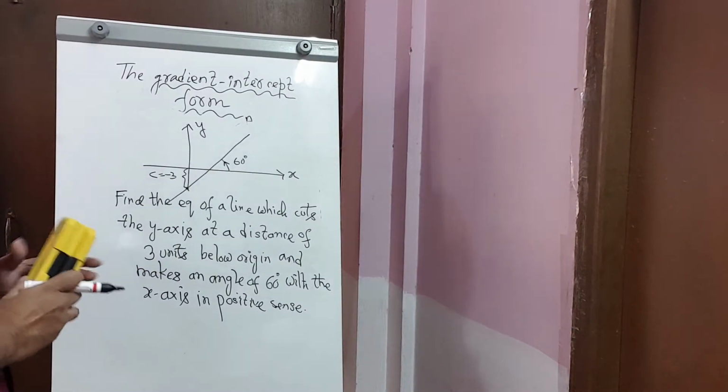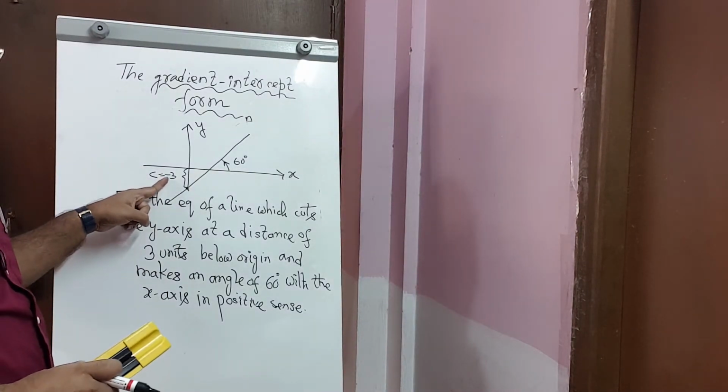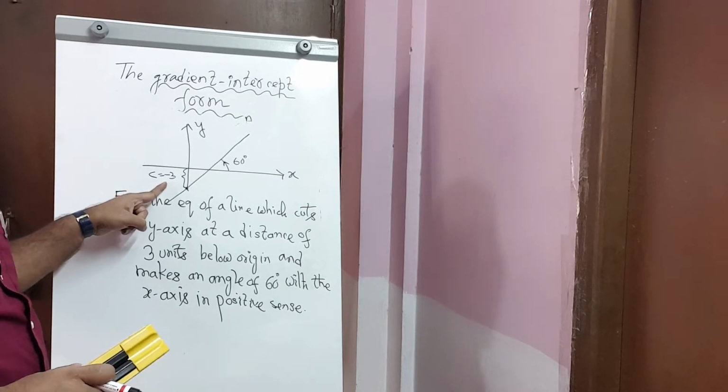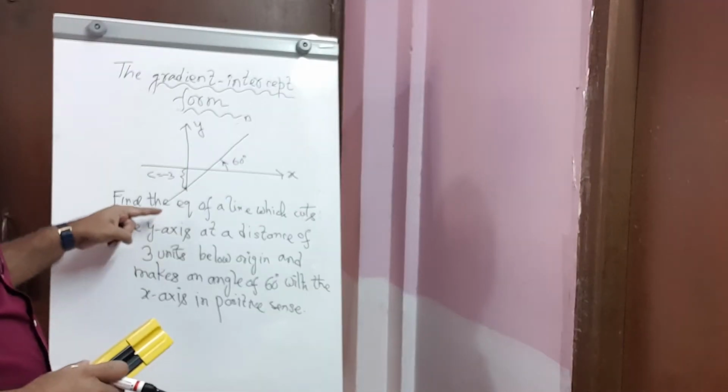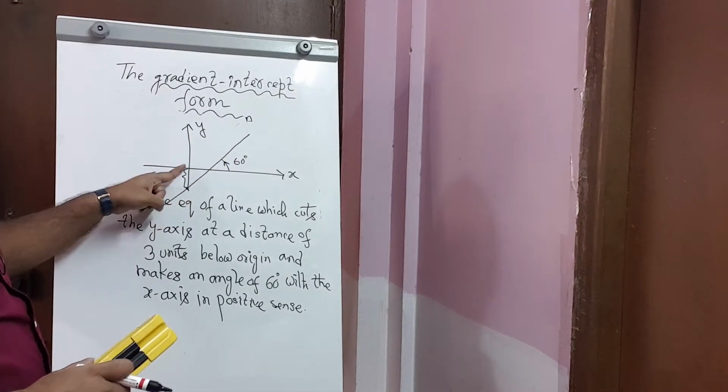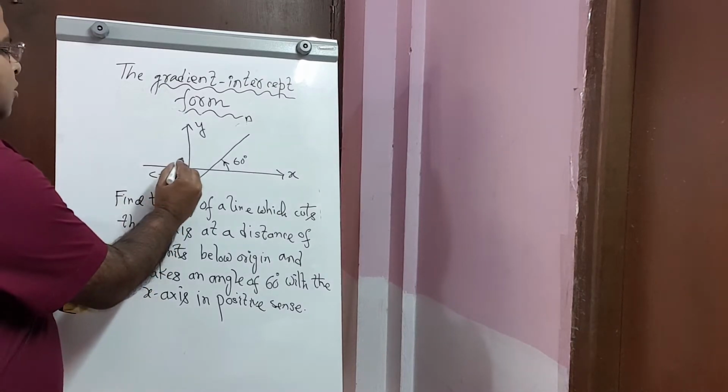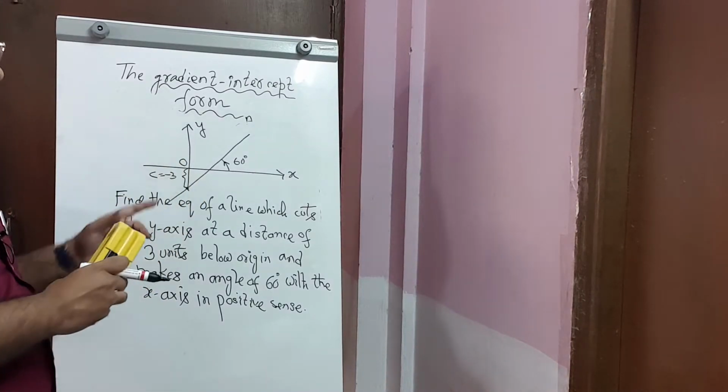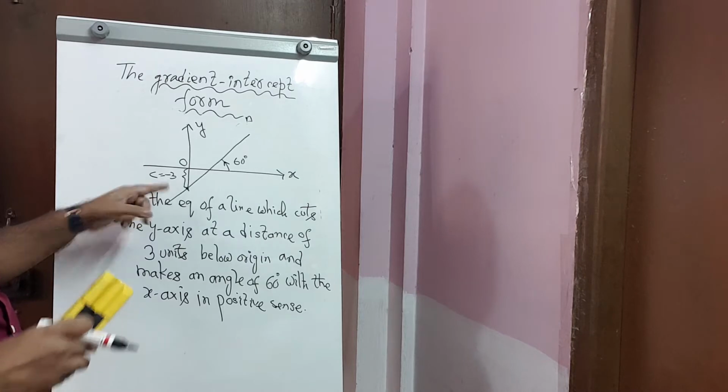As we discussed earlier, we have to associate the proper sign with the x and y-intercept according as it is positive or negative. Here, since the line intersects the y-axis below origin, we associate a minus sign with the length of the y-intercept.